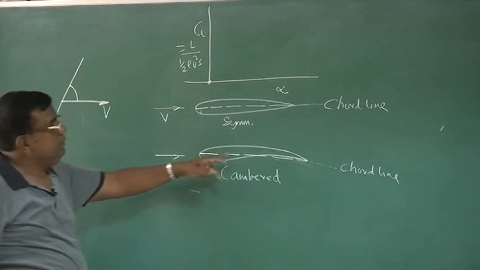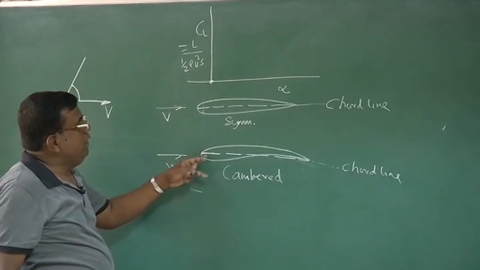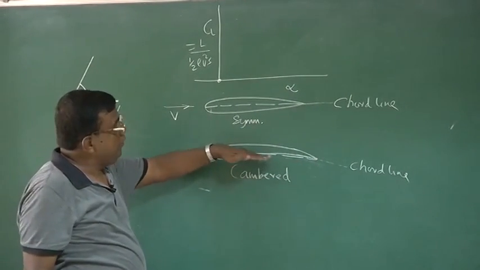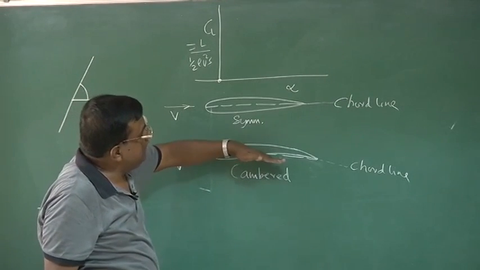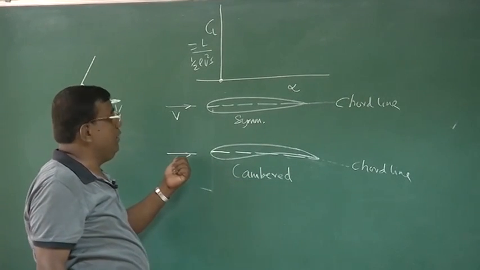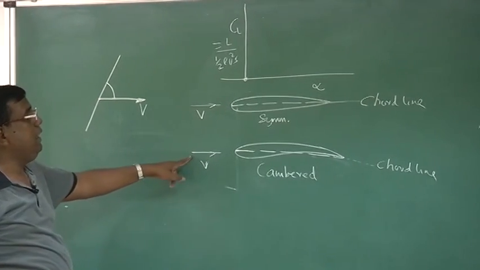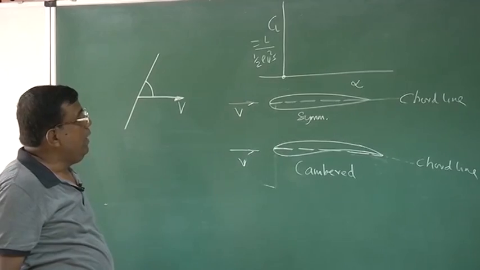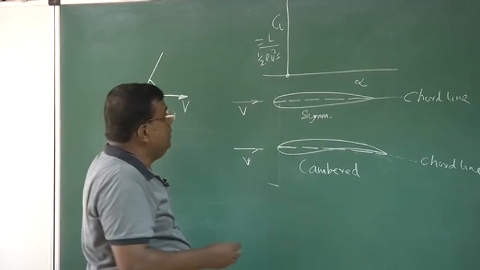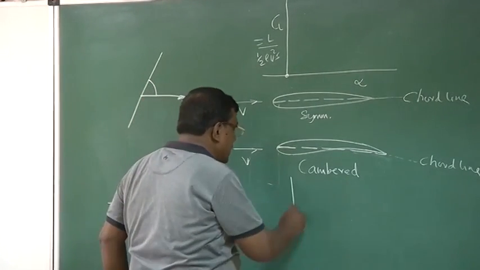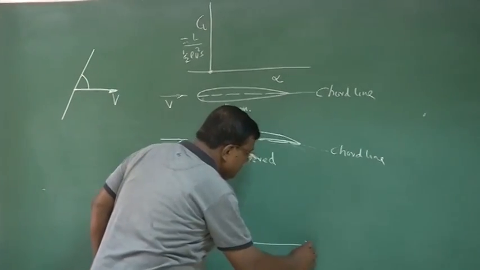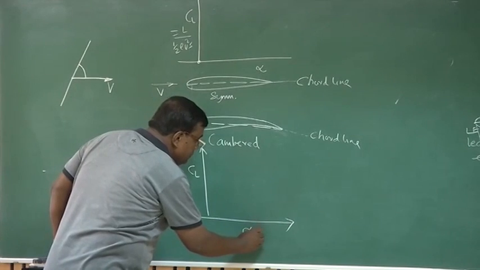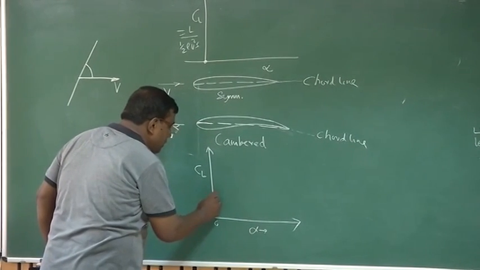But for cambered, the very fact that this chord line is no more parallel to the velocity vector means effectively it has an angle with the velocity vector, even at alpha equal to 0. So in this case, we will see that even at alpha equal to 0, there will be some lift.